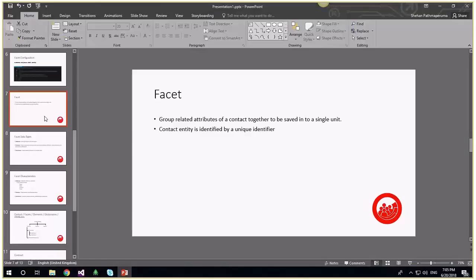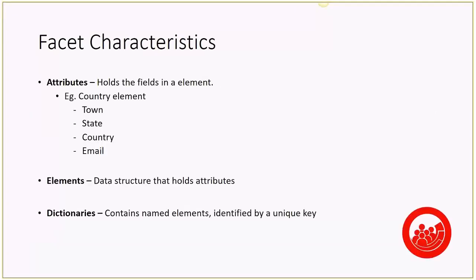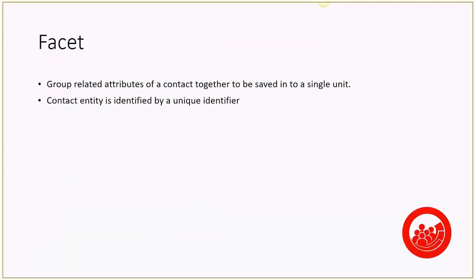Yeah. So if we take what a facet is, as I said, it is basically a grouping of information. You can group it as a personal facet, maybe company A related information.